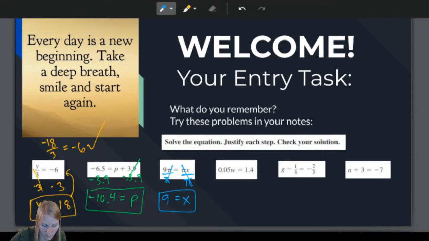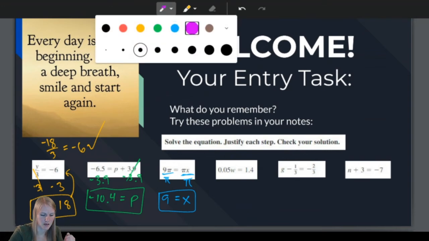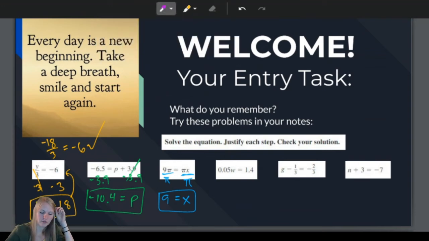And that makes sense if we look at the original equation. 9 pi equals x pi. Yeah, x should be 9. Okay. Next, 0.05 times w, opposite of times is divide. And remember, if I do it to one side, I gotta do it to the other.